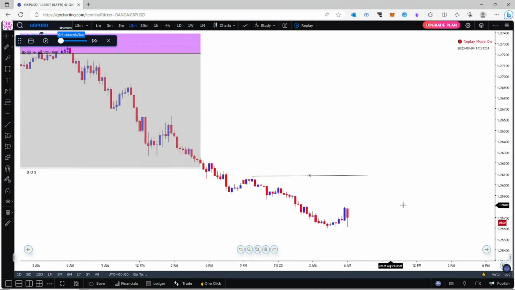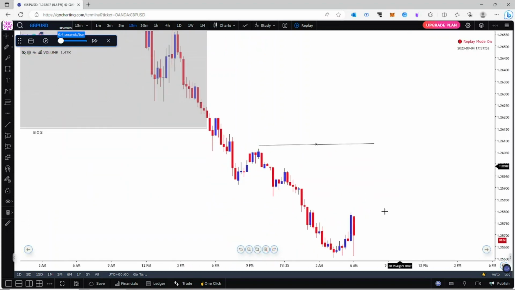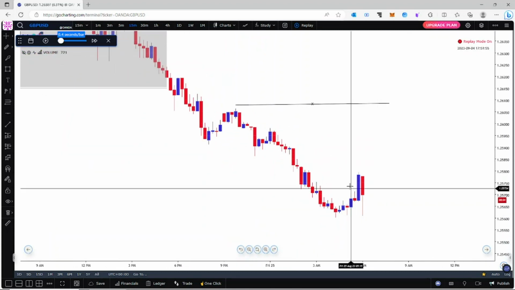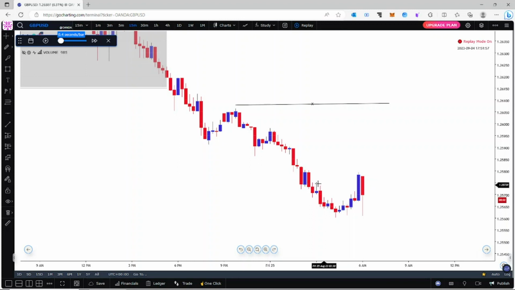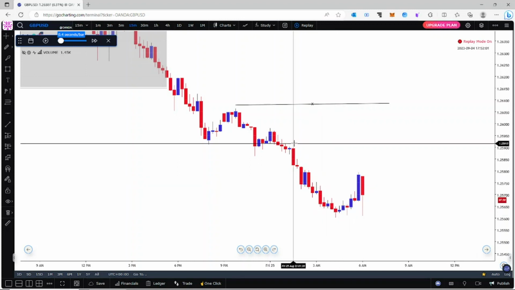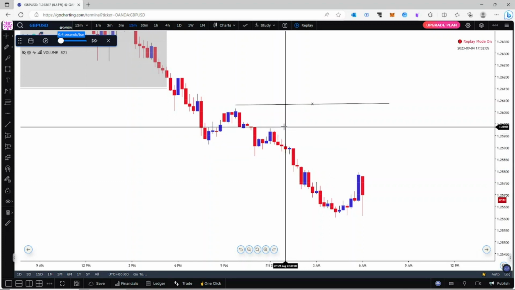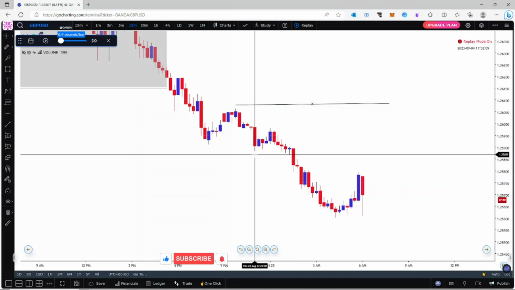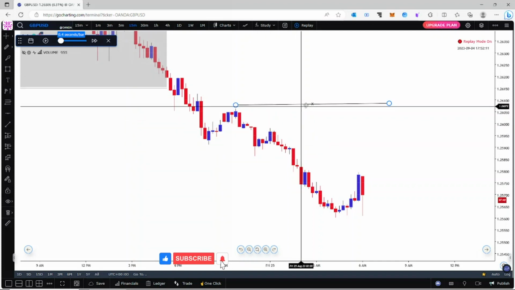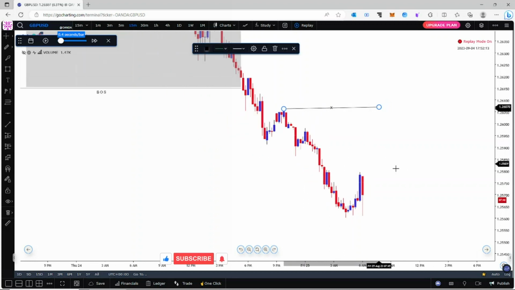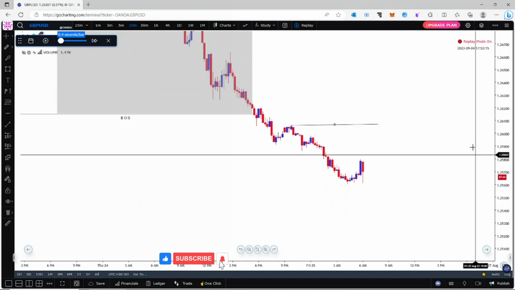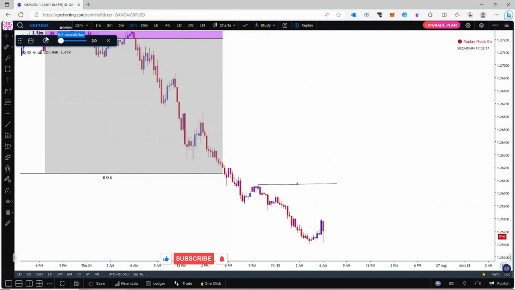Let's see whether we had a new internal high. This is an equal high, so it is not. And one thing is, this is not an internal high because the lowest candlestick high wasn't taken. So this is still our internal high. Let's see how price is going to take it. Let's go.